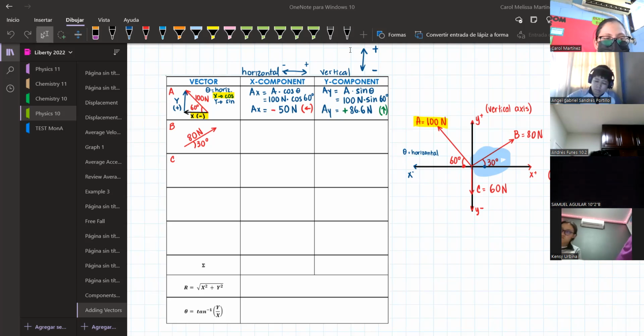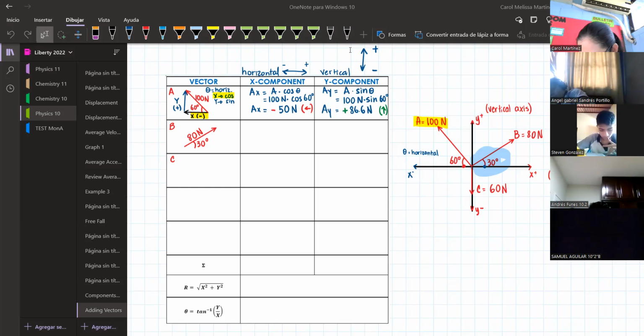Horizontal or the vertical axis? Horizontal. So we say that the angle is horizontal. Therefore, for X, we're going to be using cosine, and for Y, we're going to be using sine, respectively, okay?